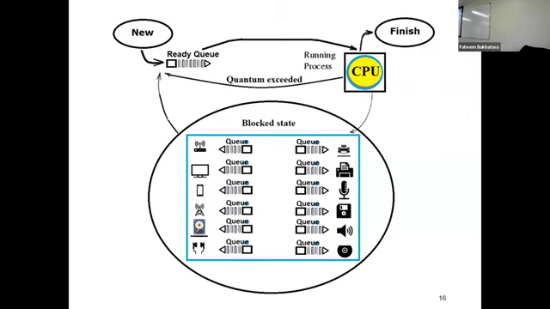Then the interrupt is done, the process is put to sleep, and context switching happens. We bring another one, and this one comes out, and the process scheduler will put it into the correct queue. You're waiting to print something on a printer or a floppy disk, or read, or get the sound of a microphone, or whatever. All input-output devices. Each one of them has a queue, so we put it in the right queue.